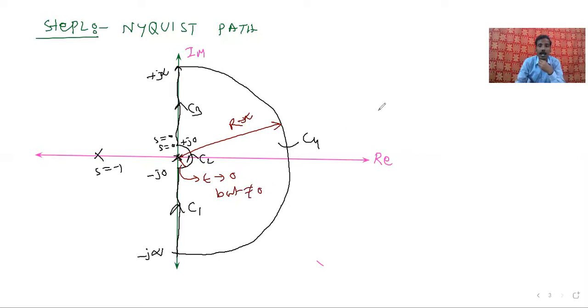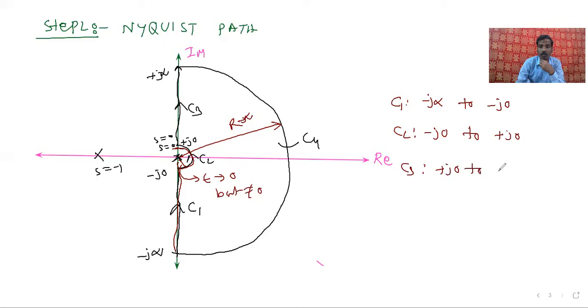C1 belongs to minus j infinity to minus j0. C2 belongs to minus j0 to plus j0. C3 belongs to plus j0 to plus j infinity. And C4 belongs to plus j infinity to minus j infinity.